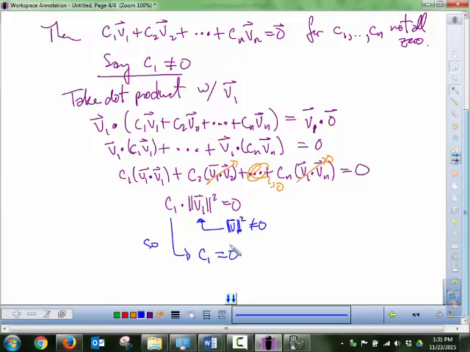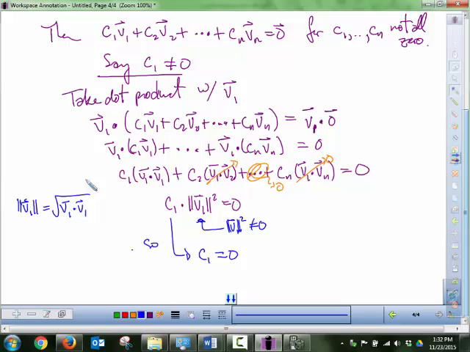Right? Yeah, so the magnitude of V1 is equal to the square root of V1 dot V1. So if I square both sides, you get that.